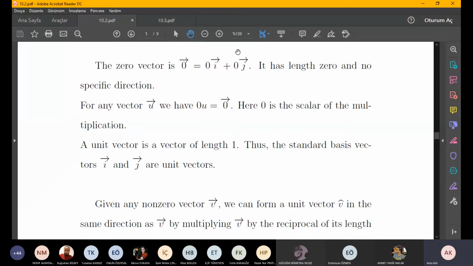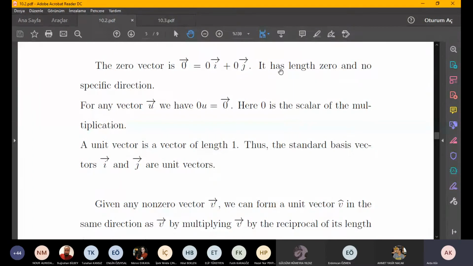That means if you add those two to each other, it should express a vector in two-dimensional space. So if you multiply 0 by i and add the multiplication of 0 times j, which will be 0, as you can guess, there should be a vector which we denote by this notation, and we call it the zero vector in two-dimensional space. We said also it has length 0, and of course there is no specific direction for the zero vector.